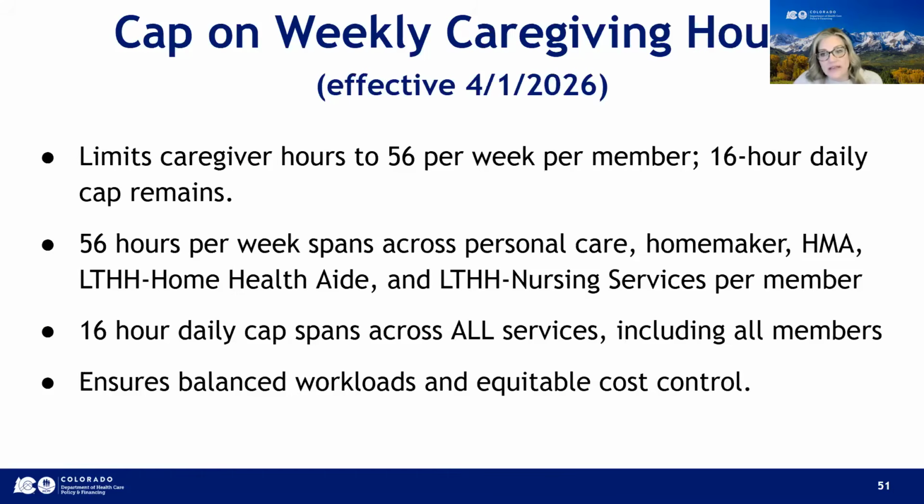We have implemented a weekly limit of 56 hours per caregiver for a single member. This limit is for the total hours across personal care, homemaker, health maintenance activities, long-term home health aides, and long-term home health nursing services per member.